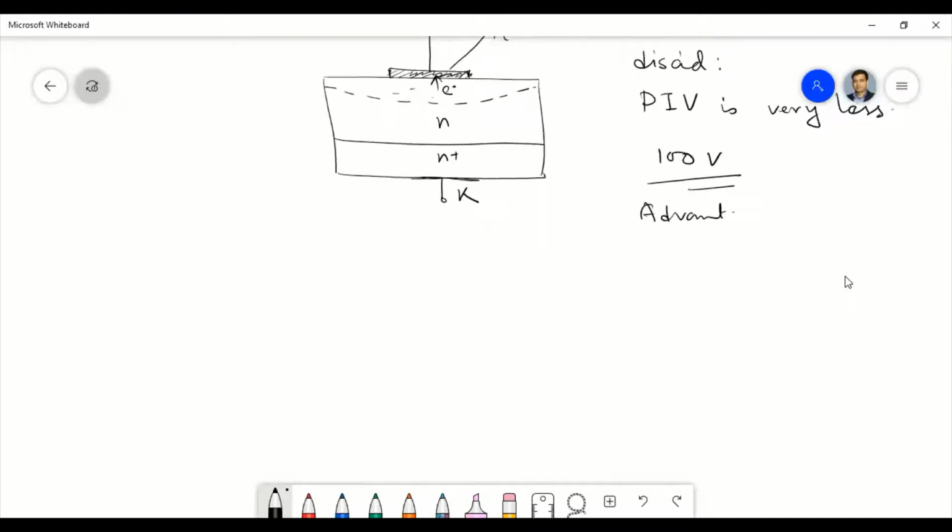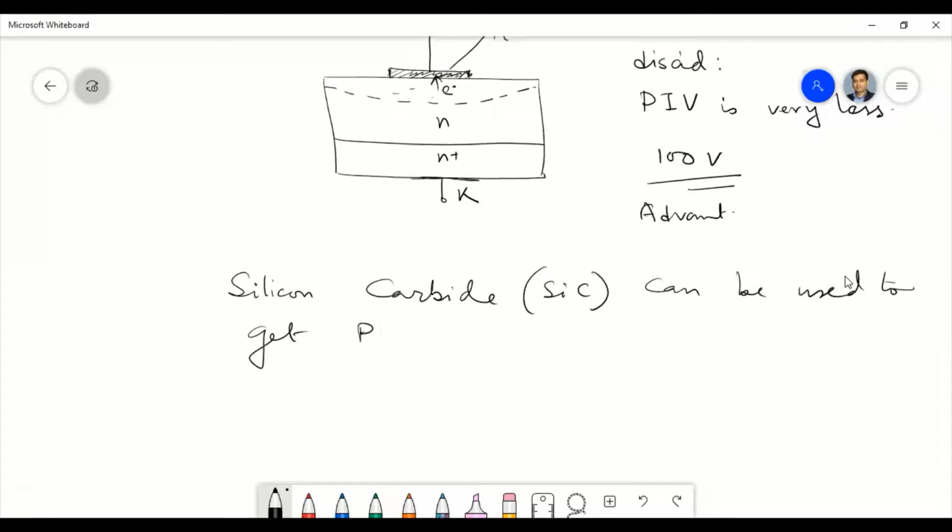You can use silicon carbide, SiC, to get the PIV up to 250 volts.